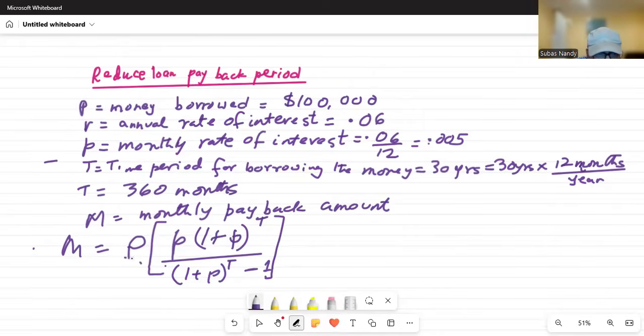Now, let me distinguish between small p and capital P. Capital P is the amount you borrowed at the beginning. Okay.